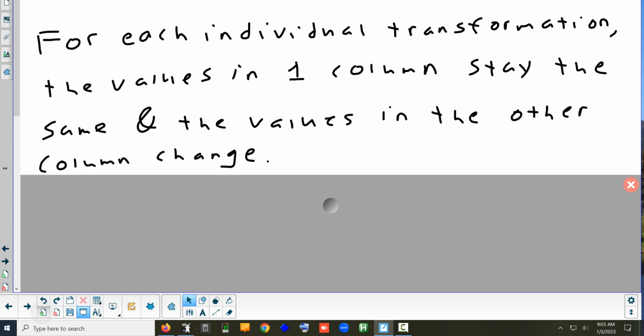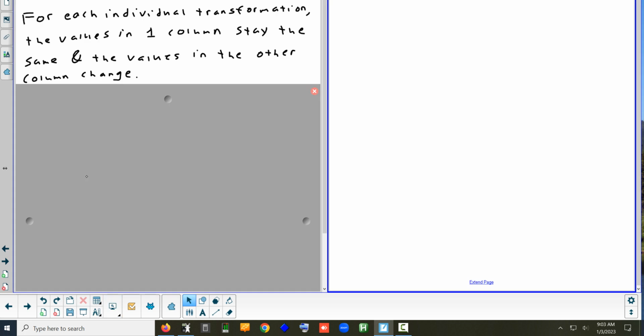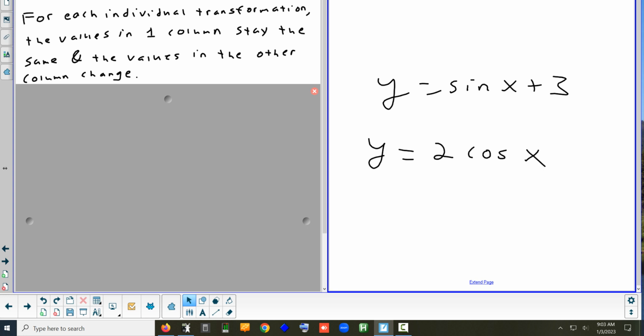What do I mean by that? There's a transformation that does one thing to the sine function. It shifts it up 3. There's another transformation, a vertical stretch by 2. And that's the only thing it does. Just one transformation.